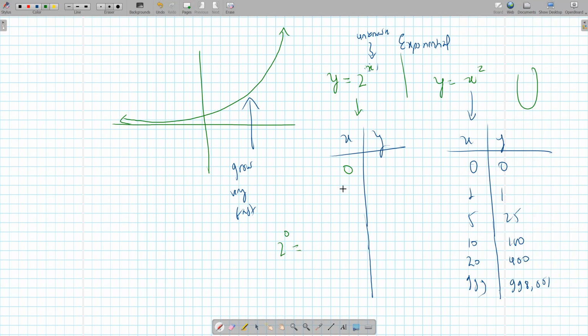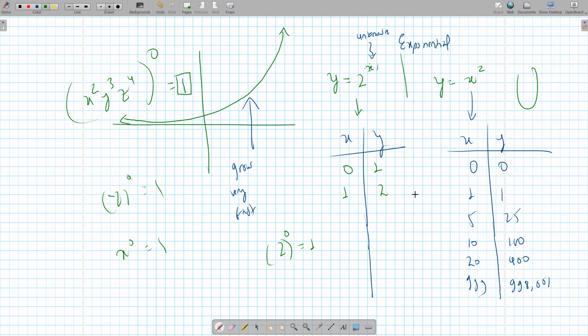No, it's not. 2 to the power of 1 would be 2, okay? 2 to the power of 0, and this is something new, right? Anything to the power of 0 is a 1. So you can have negative 2 to the power of 0, that's a 1. You can have x to the power of 0, that's a 1. You can have x squared, y cubed, z to the power of 4, everything to the power of 0, that's a 1. See that?